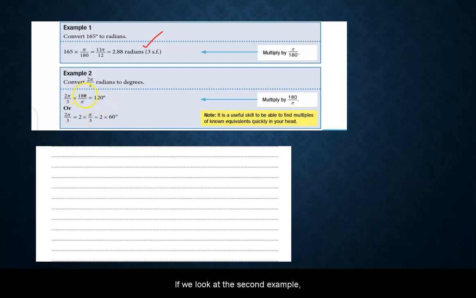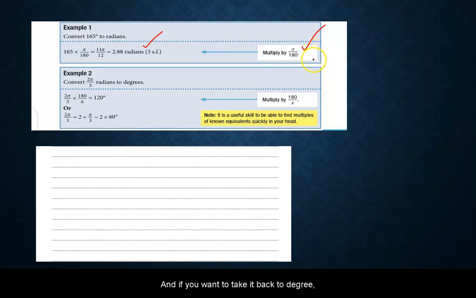If we look at the second example, we have to convert 2 pi divided by 3 rad to degrees. So this becomes 2 pi by 3, multiplied by 180 over pi. This gives us 120 degrees. If we want to convert to radians, you multiply by pi divided by 180.